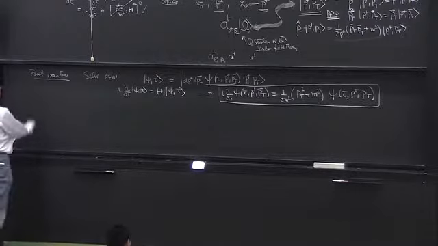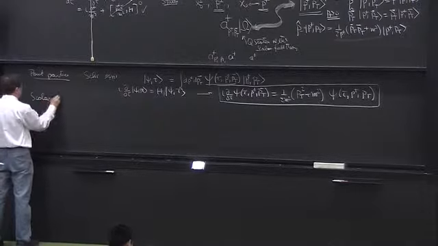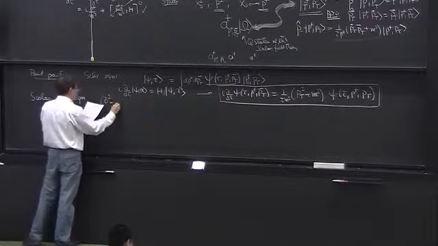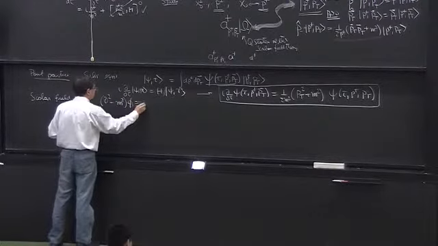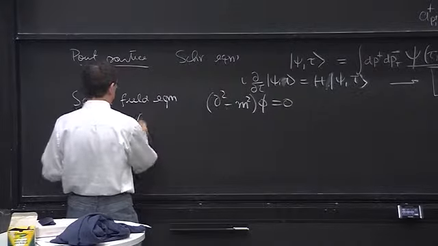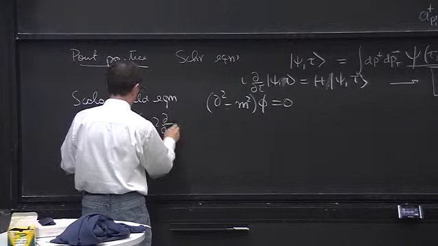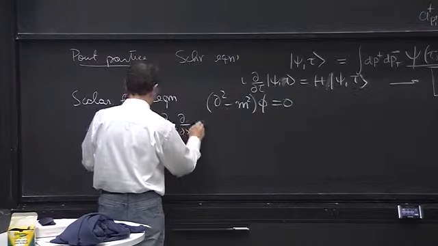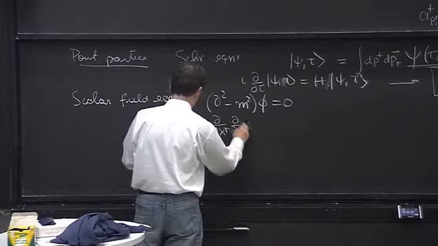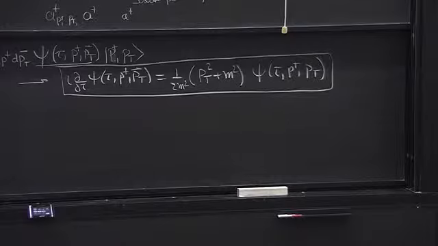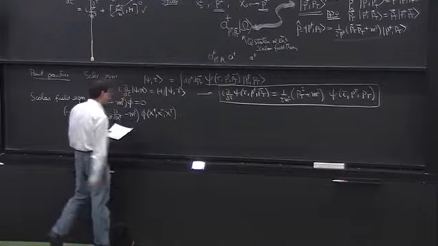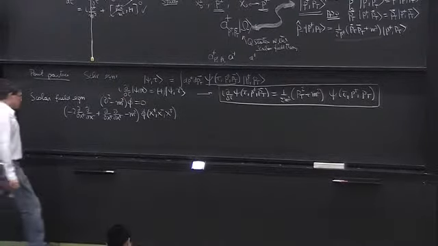Now let me remind you of the scalar field equation. That was d squared minus m squared phi equals 0. Well, let's look at it in the light cone. This is minus 2 d/dx plus d/dx minus plus d/dx transverse squared, minus m squared, times a phi that depends on x plus, x minus, and x transverse, equals 0.